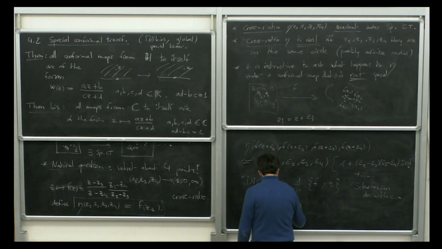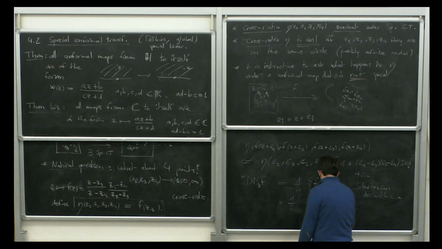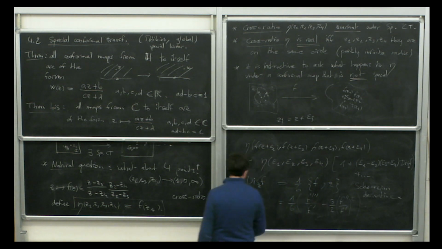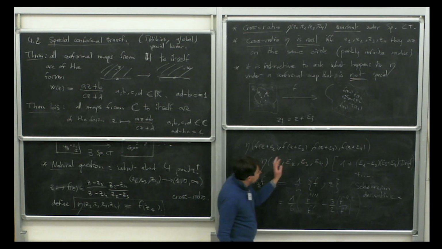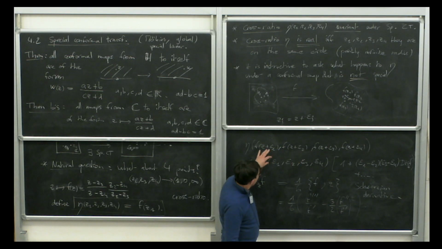There's a formula for it. It's the third derivative of f divided by the first derivative of f, minus 3/2 times the second derivative divided by the first derivative, squared. Okay, that's just what it is. You can arrive at this formula directly by looking at how the cross ratio changes.